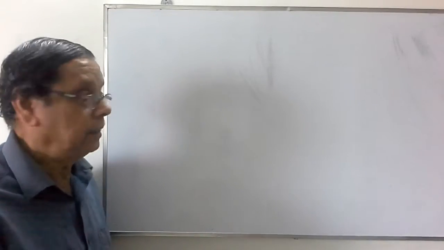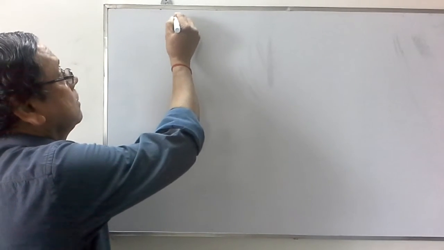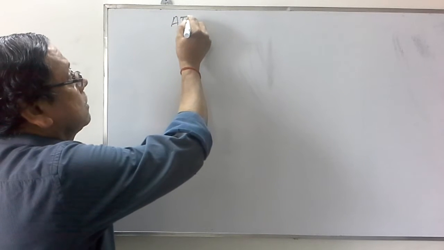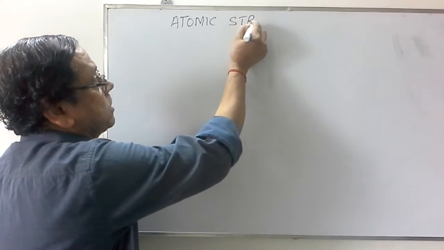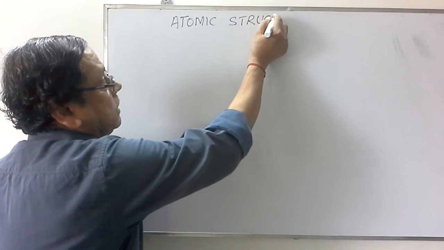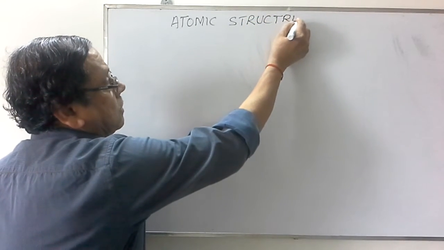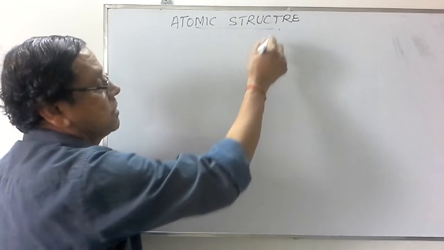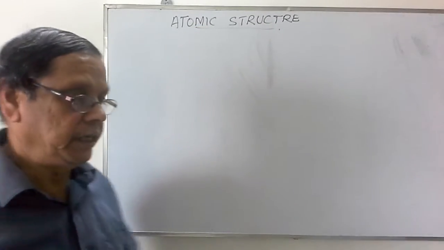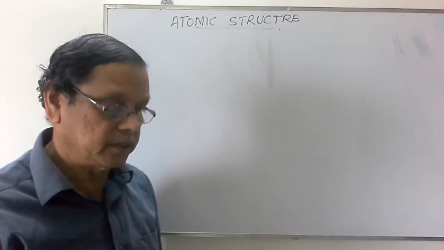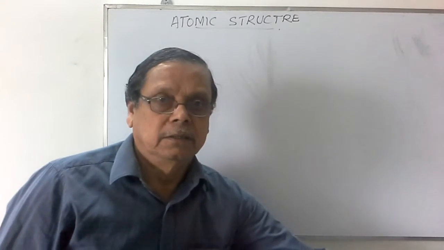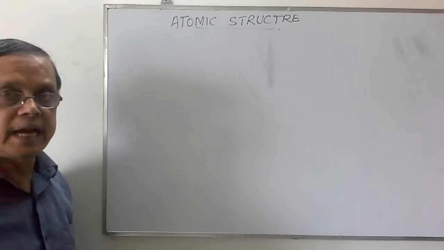Welcome back to the atomic structure chapter. In this one we were studying the discovery of the fundamental particles. Then we have studied the arrangement of these electrons, protons and neutrons in the various atoms.